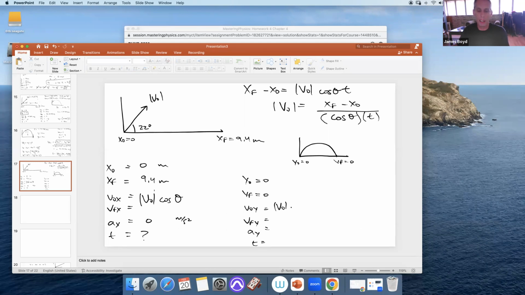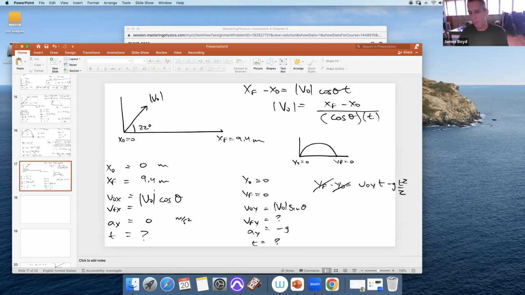So this was V initial sine theta. V final is unknown. You could put that it's negative V naught sine, but whatever. We need to find T. We don't know V final. Y final minus Y initial is V naught Y T minus G T squared over 2.